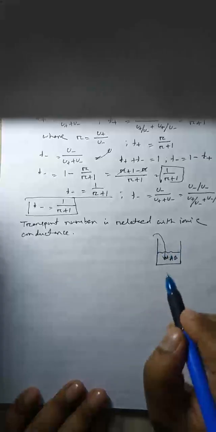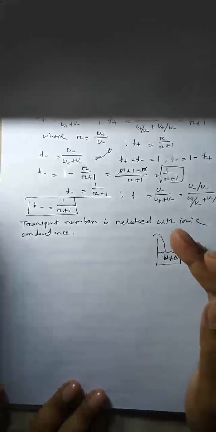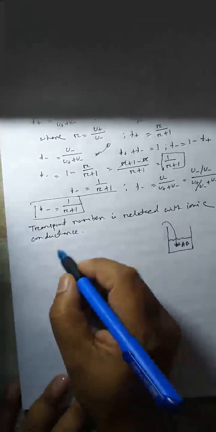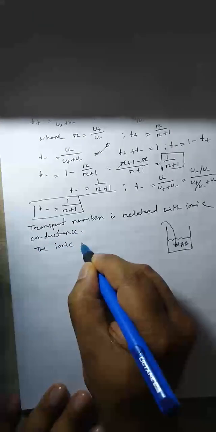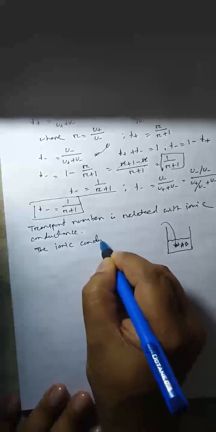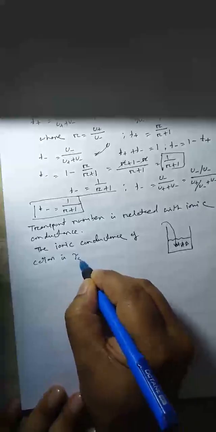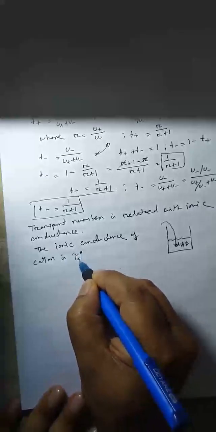So we have to dilute it infinitely. In this case, the ionic conductance of the cation is lambda C naught. Naught means infinite dilution, C means cation.